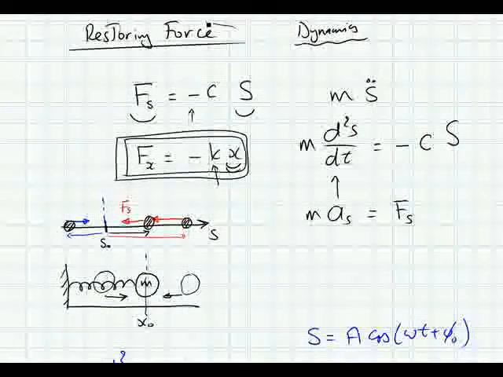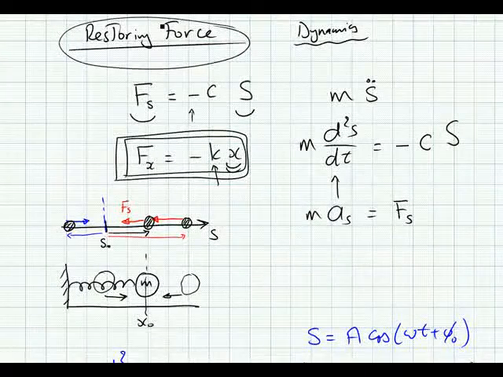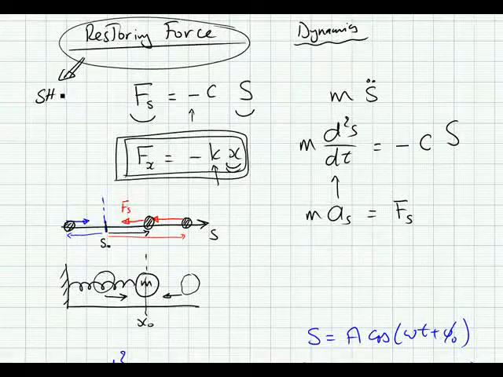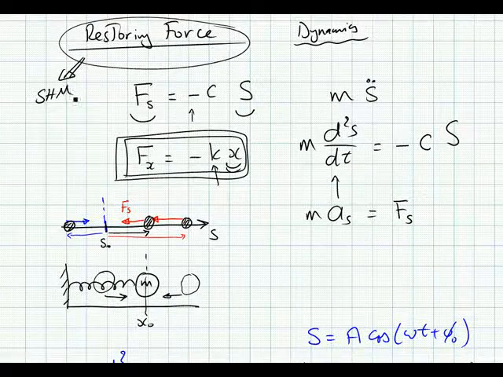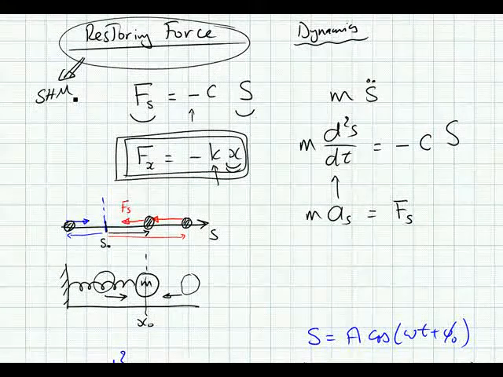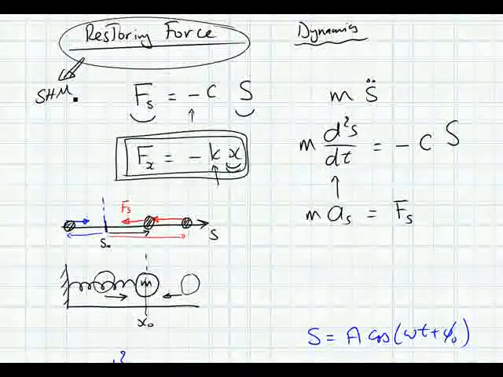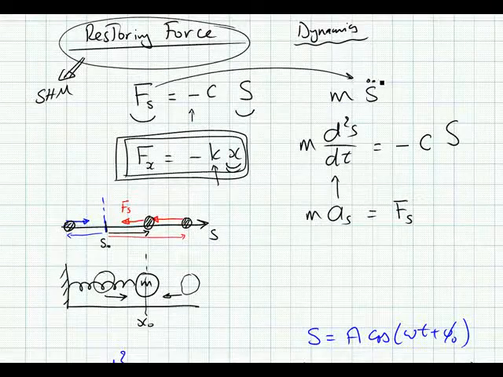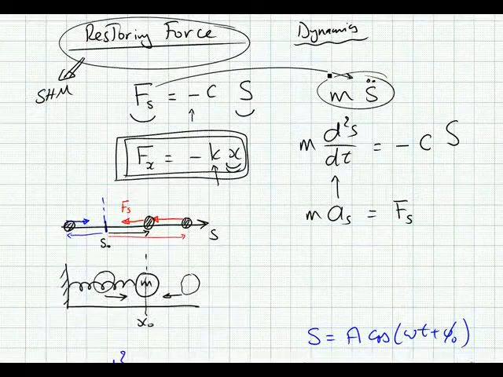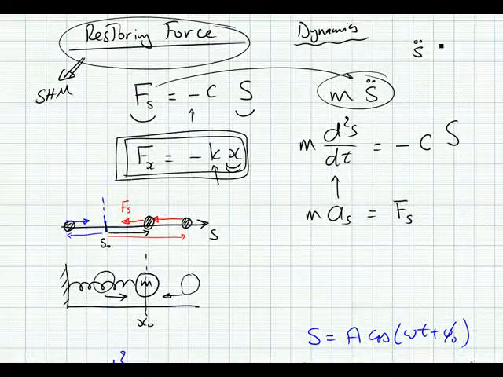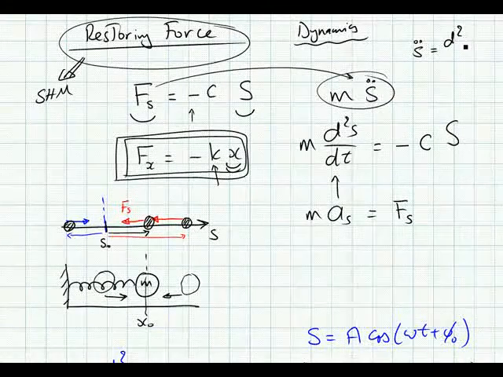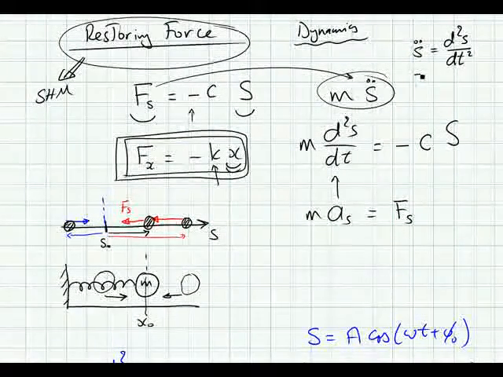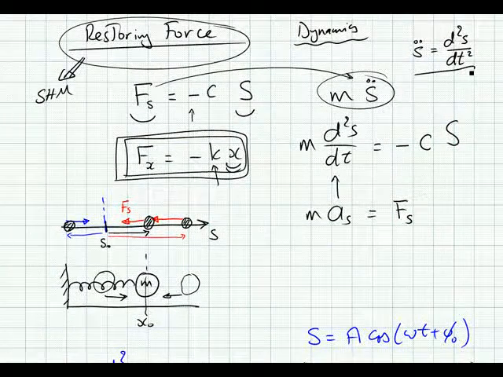So if we have a restoring force acting on an object, then that will result in simple harmonic motion for the object. Another way to describe this is, well, force is equal to mass times acceleration. This notation, double dot, simply means the second derivative of position with respect to time, d2s dt squared.